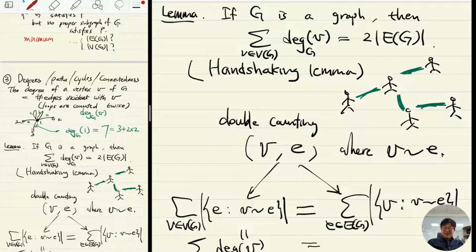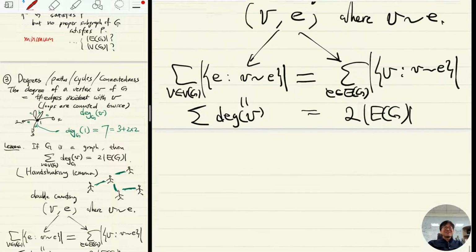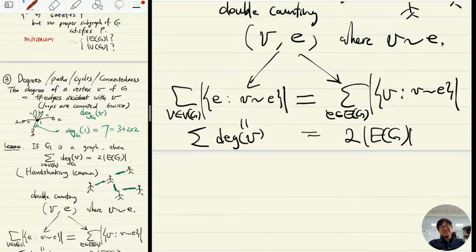And on the right hand side, isn't it 2 times the number of edges, because every edge has 2 ends? Well, mostly it's true, but except the case when you have a loop, then it's different, because if you look at the right hand side, this number is 1 if E is a loop. It's 2 if E is a non-loop, right?